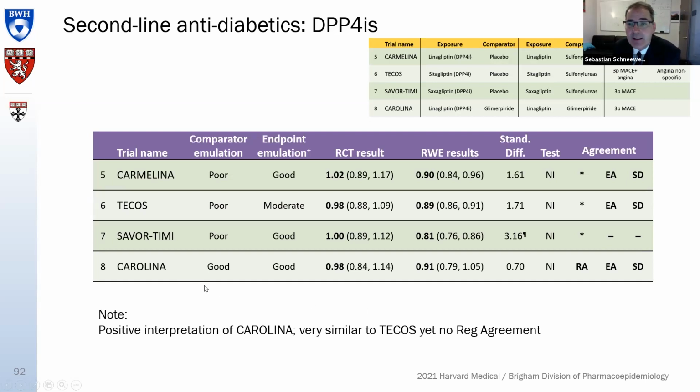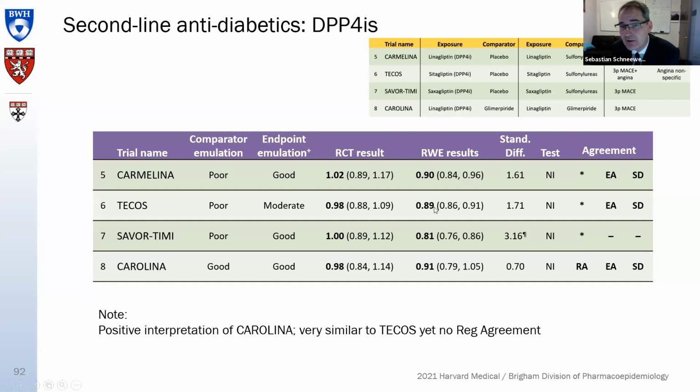The CAROLINA trial, we actually reached the regulatory agreement as well, if you want to look at these binary agreement statistics. But I want to point out that when you compare CAROLINA against TECOS, the randomized trials had the same point estimate, 0.98, 0.98, with somewhat comparable 95% confidence intervals. And look at the real-world evidence studies. The 0.91 that we have in CAROLINA is actually not that different from our TECOS estimate, 0.89.